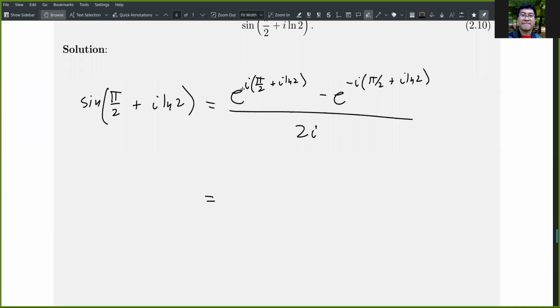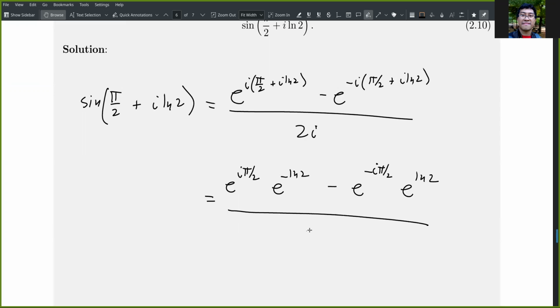That would then be e^(iπ/2) times e^(i·i ln 2), that's negative ln 2, minus e^(-iπ/2) times e^(-i·i ln 2), that's positive ln 2, over 2i.